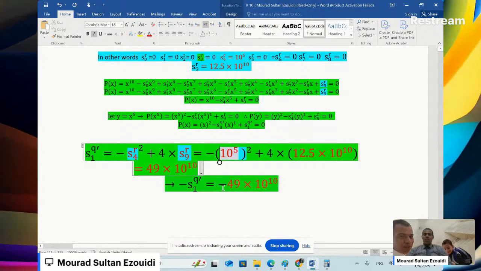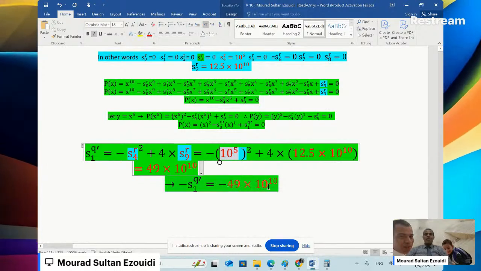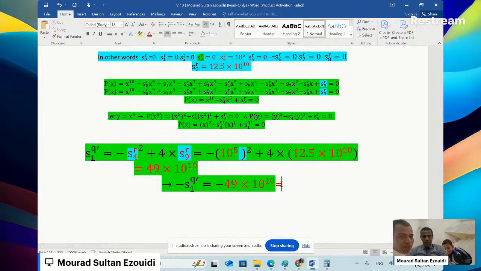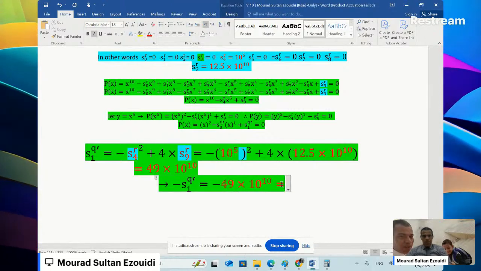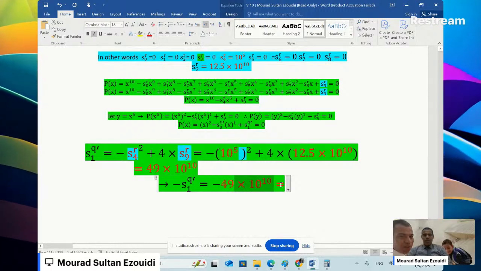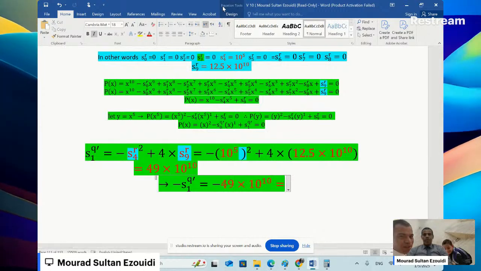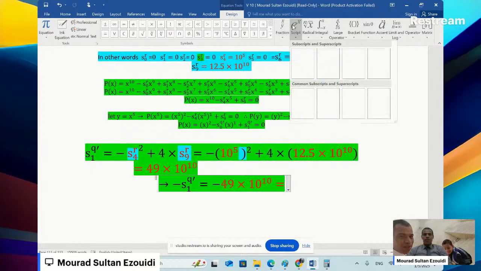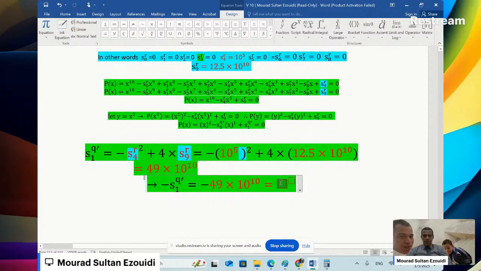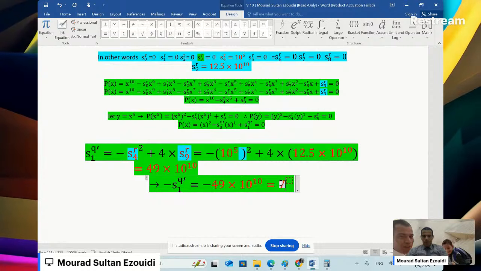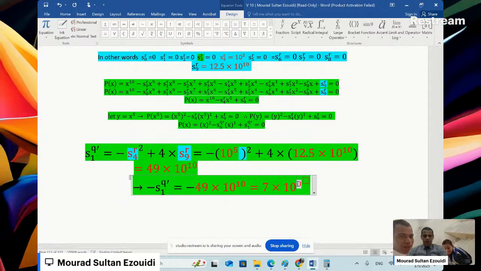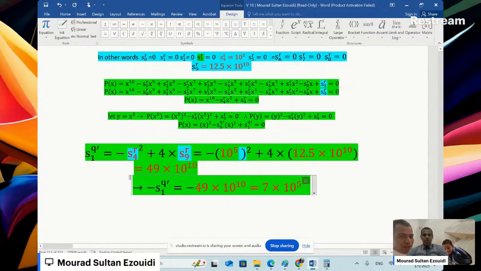Negative s1 of the 2 dash equals negative 49 times 10 raised to the power 10, which we can write as negative, open parentheses, 7 times 10 raised to the power of 5, all squared.